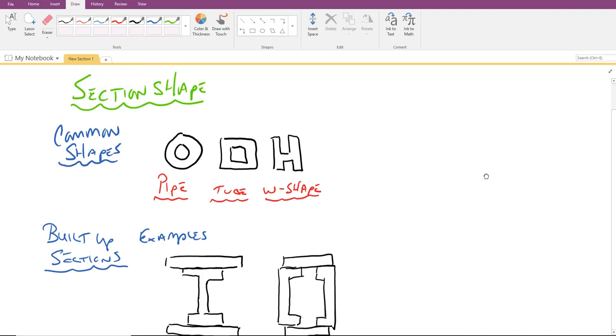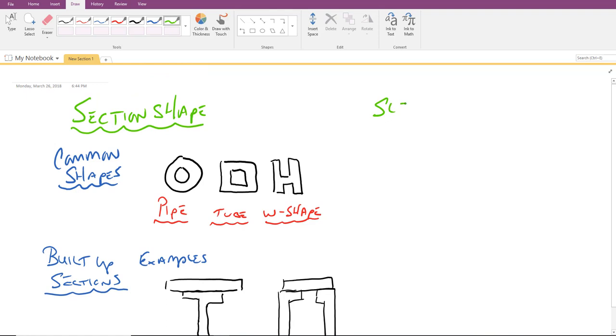All right, let's switch gears real quick and talk about slenderness ratio now. If you'll recall, the slenderness ratio essentially was the length of the column divided by the width of the column. And with timber columns, we divided those into three basic categories.